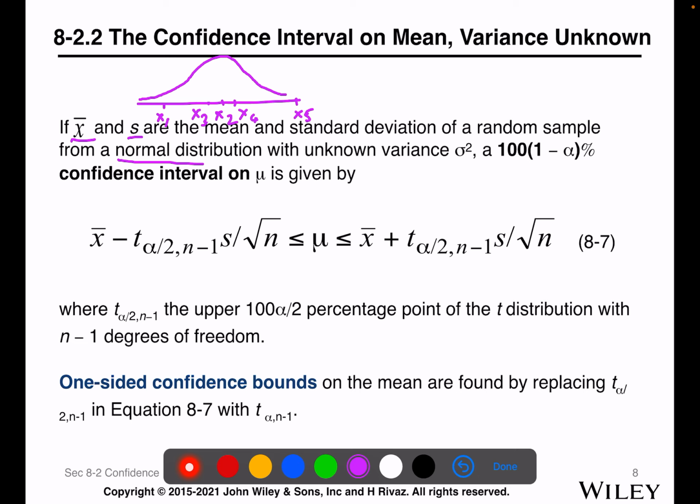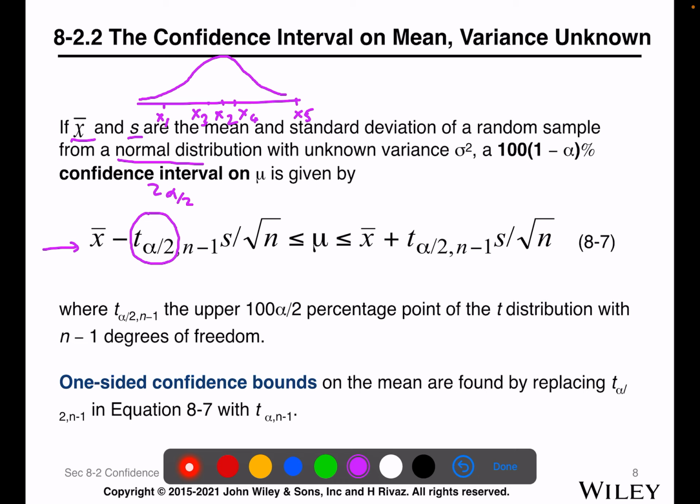Then the confidence interval for mu is going to follow this equation. It's very, very similar to the case for the Z distribution or normal distribution. The only difference is that instead of Z of alpha divided by 2, we have T of alpha divided by 2.